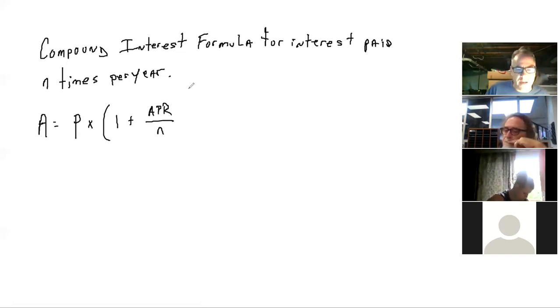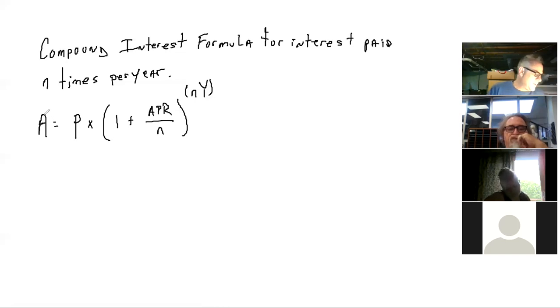And then to the power up here, the number of times it compounds in a year times the number of years that you have it in the investment. And so everything is the same as the previous formula. That is, A is your accumulated balance, P is your starting principal, your APR is your annual percentage rate as a decimal.